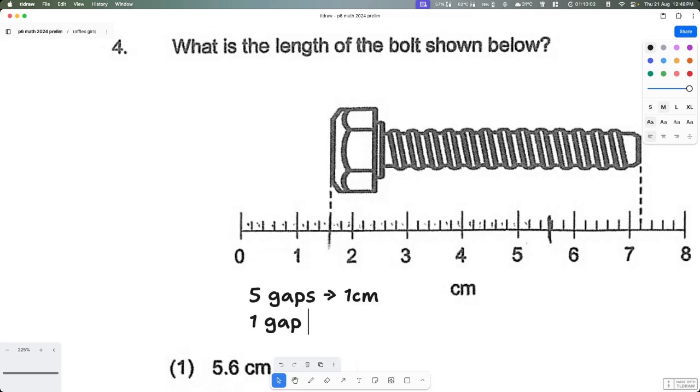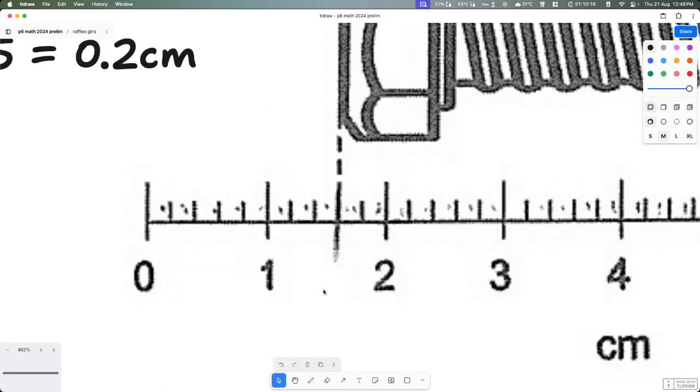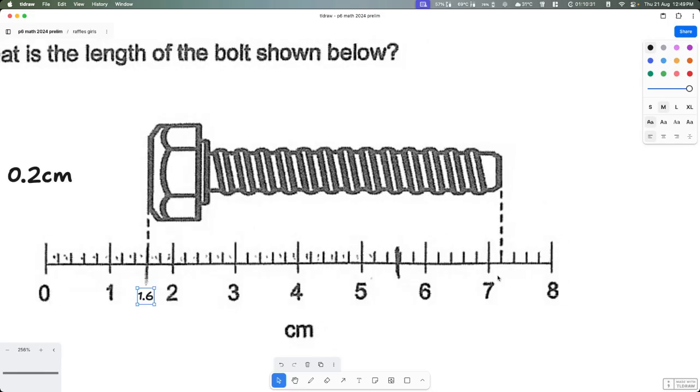So 1 gap is equal to 1.0 divided by 5, which is 0.2 centimeter. Now we can calculate this part: 1, 2, 3, so 0.2 times 3 is 1.6. The next one here should be 7.2.